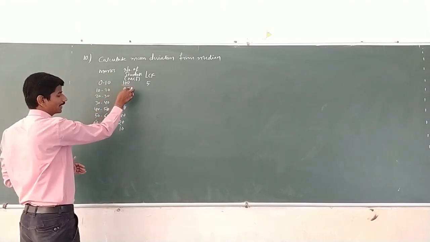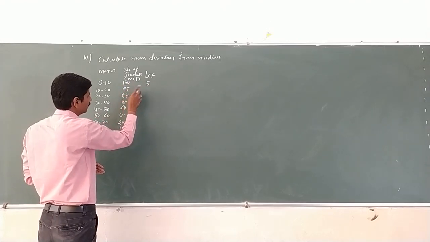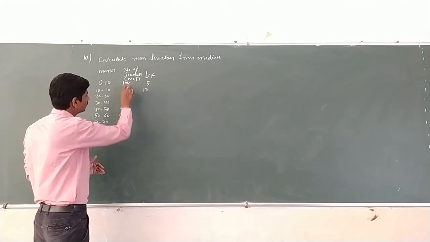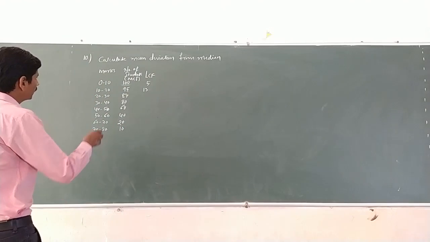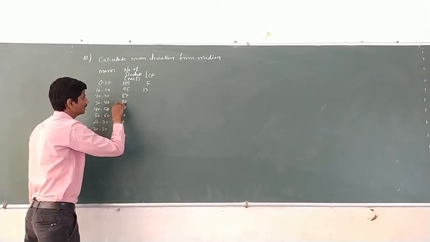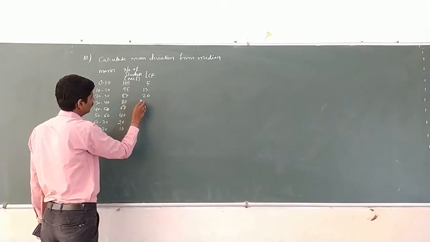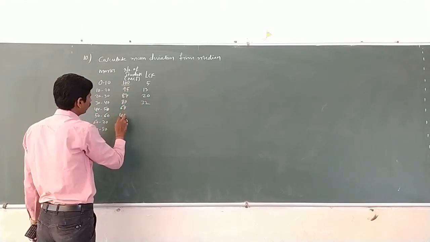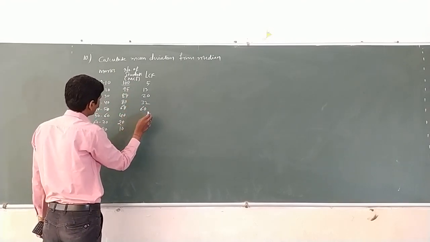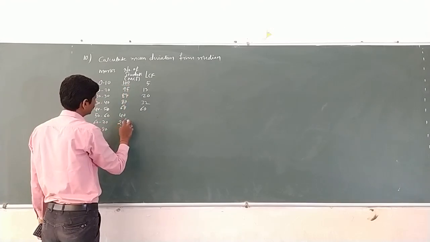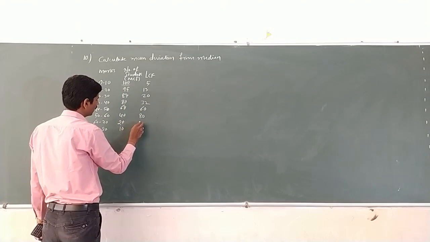100 minus the second MCF, 95, is 5. 100 minus 87 is 13. 100 minus 80 is 20. 100 minus 68 is 32. 100 minus 40 is 60. 100 minus 20 is 80. 100 minus 10 is 90.